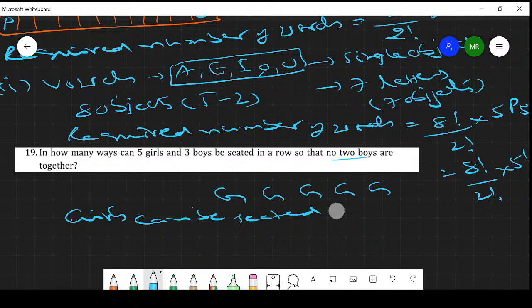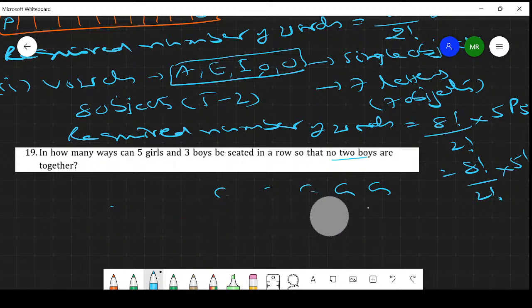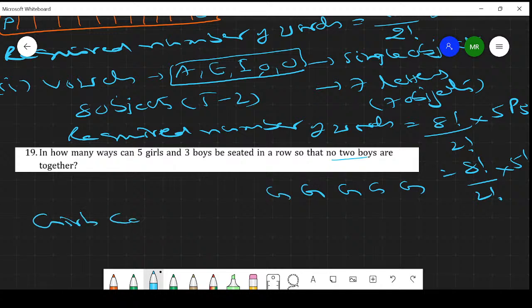5 places, 5 girls. Girls can be seated in 5 factorial ways, in 5P5. 5P5 means 5 factorial ways.